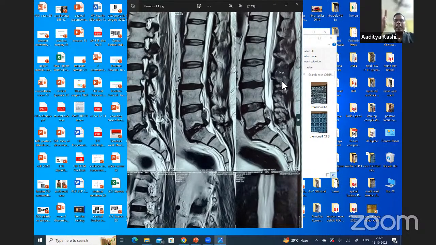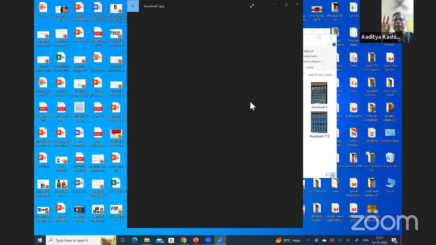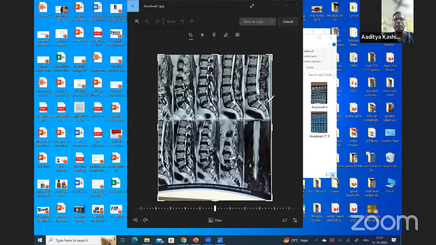Whenever I see any kind of suspicious MRI picture, whether on sagittal or axial cut, I practice always going to the radiologist with whom I have a good rapport. I discuss that MRI, share the clinical picture with them, and find out what the possibilities could be.